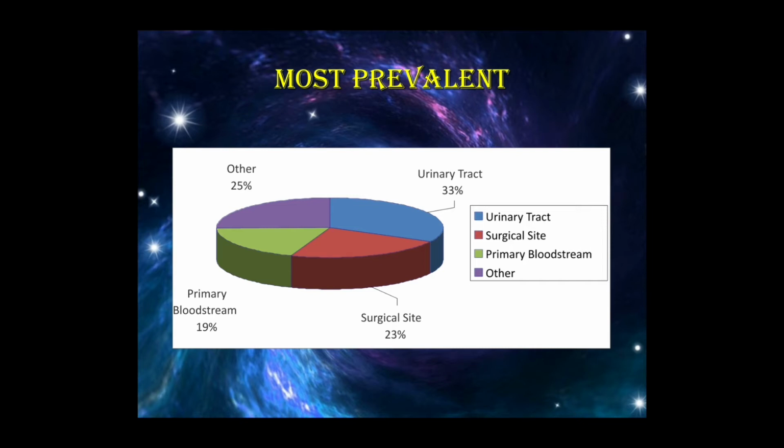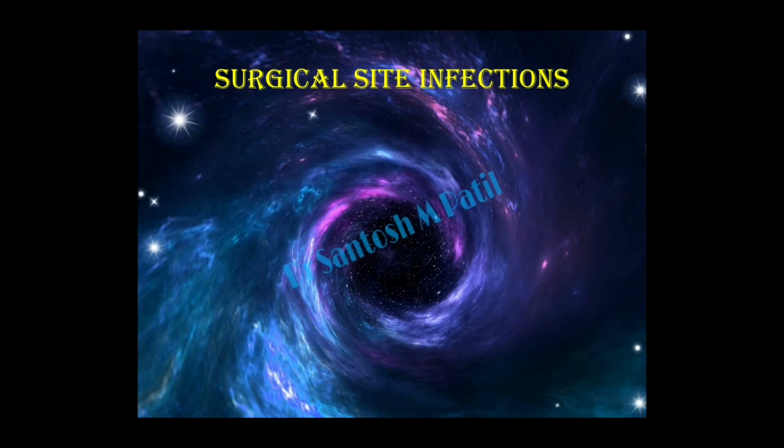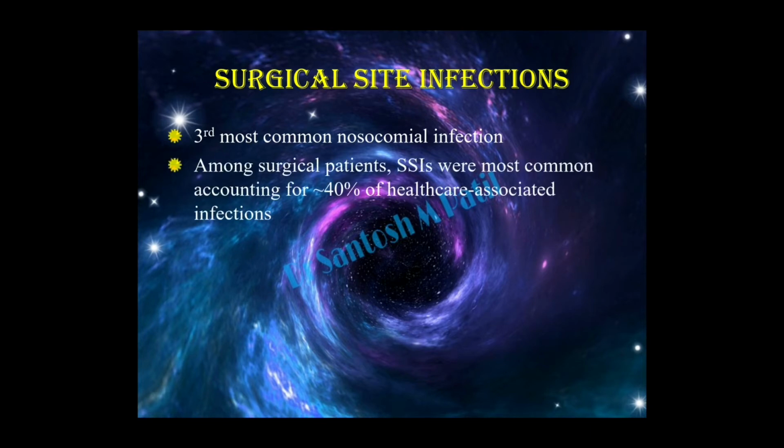Third is our topic, surgical site infection, which is the third most common nosocomial infection, constituting about 23%. The percentage usually varies. Though surgical site infection is the third most common overall, among surgical patients it is the most common.